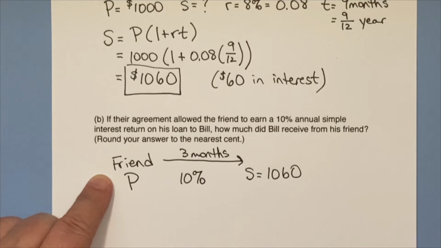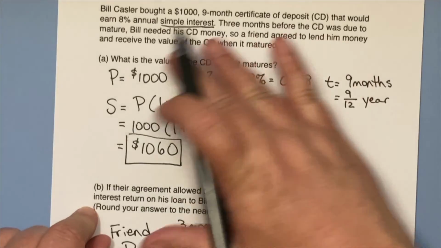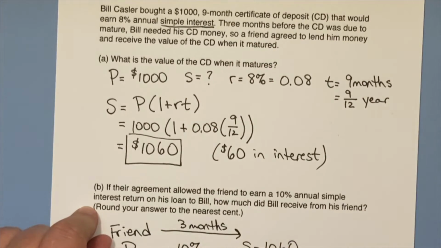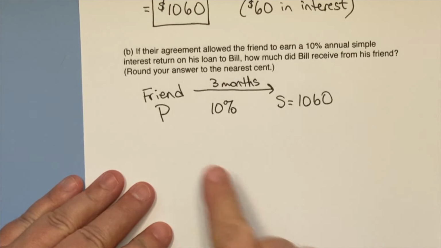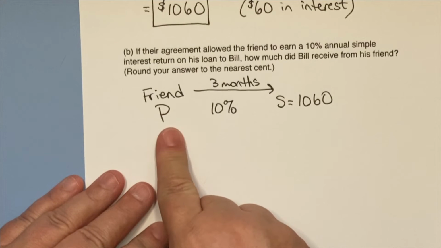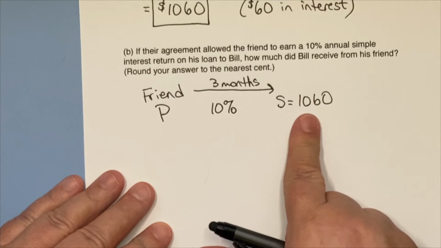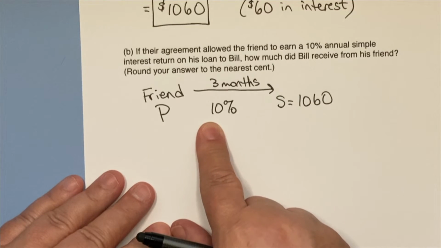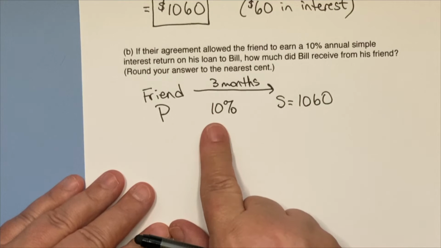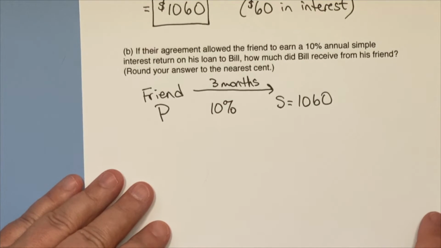And so the part that's confusing about this second part is it's easy to get caught up with all of these details. But these details aren't what's important. What's important is we want to know how much the friend is going to give him. So what's P? So that at the end, the friend gets 1,060. And that means that's a 10% rate of return, simple interest.